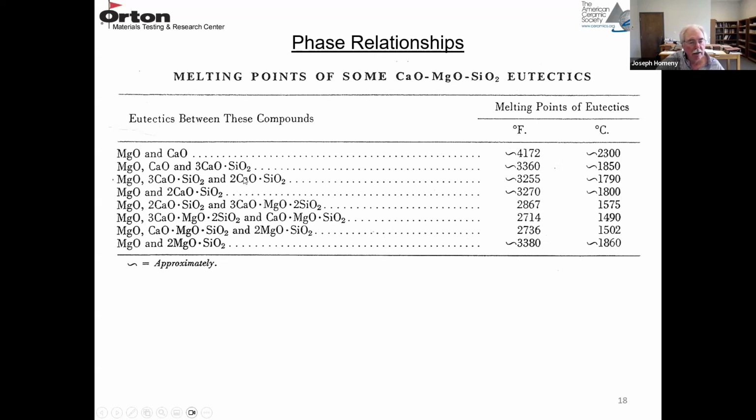MgO, tricalcium, and dicalcium silicate have a 1790, fairly high eutectic. MgO and dicalcium silicate is pretty high. At the bottom is MgO and forsterite. That eutectic is high, but the ones here, these 3, the lower temperatures, this is MgO, dicalcium silicate, and monticellite, MgO, monticellite, and merwinite, MgO, monticellite, and forsterite. So anytime you have merwinite, monticellite present, you're going to have these low melting eutectics.